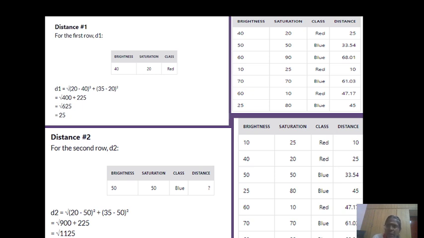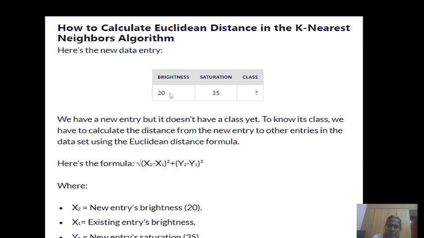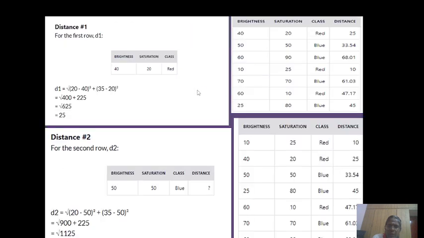Now, how to calculate d1: take a row entry, with its brightness and saturation as x1 and y1, and take the data point we are going to predict as x2 and y2. Apply these in the formula and you get the d1 value, 25.